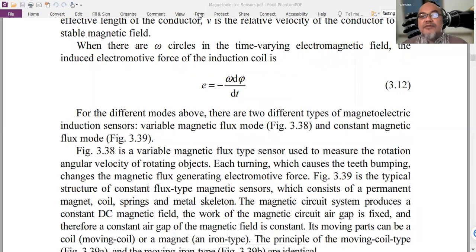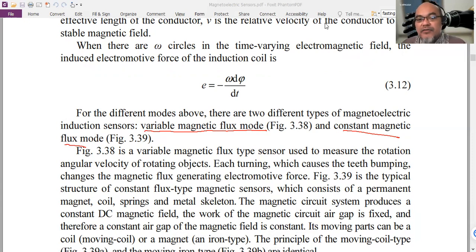There are two different modes of magnetoelectric induction sensor: either the variable magnetic flux mode, or the constant magnetic flux mode.